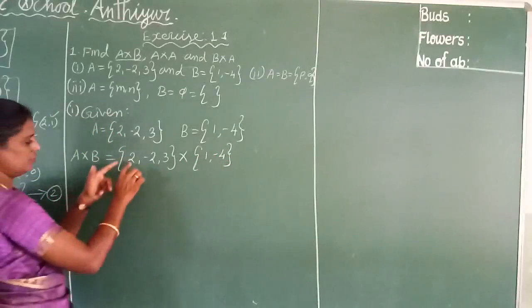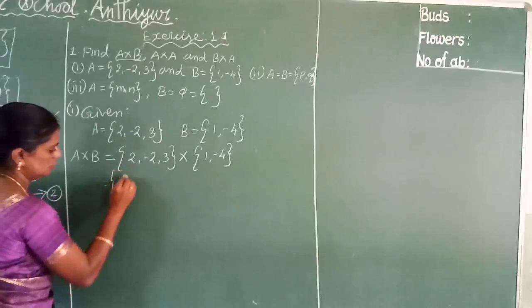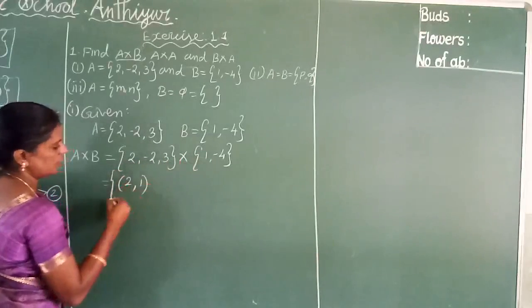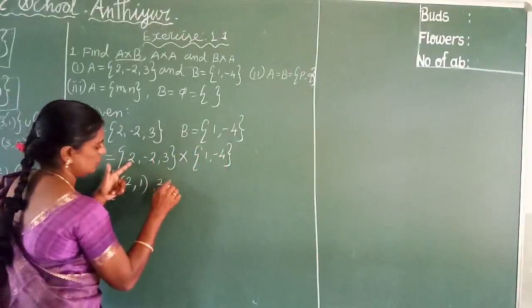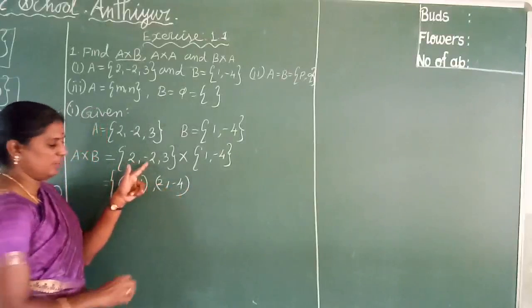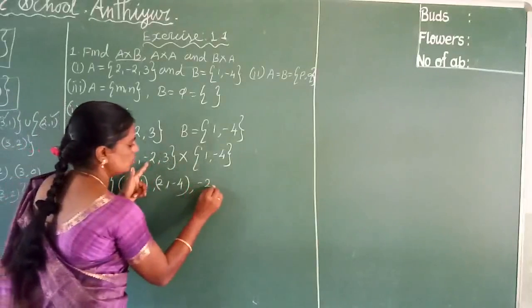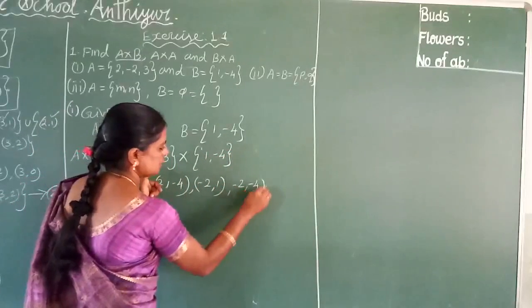So first find the first one: 2, 1 and 2, minus 4. Next the second element, minus 2, 1, minus 2, minus 4.